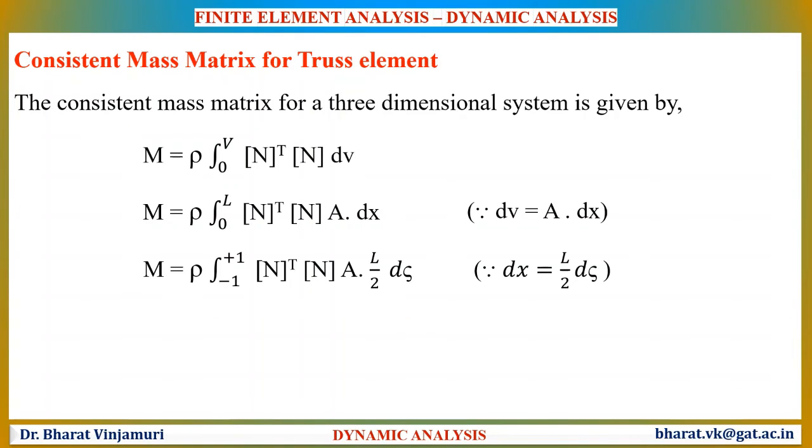Substituting the value of dx in terms of d zeta, we end up with the following equation. Thus, taking the constants density, area and length out, the consistent mass matrix will be as given by the following equation.